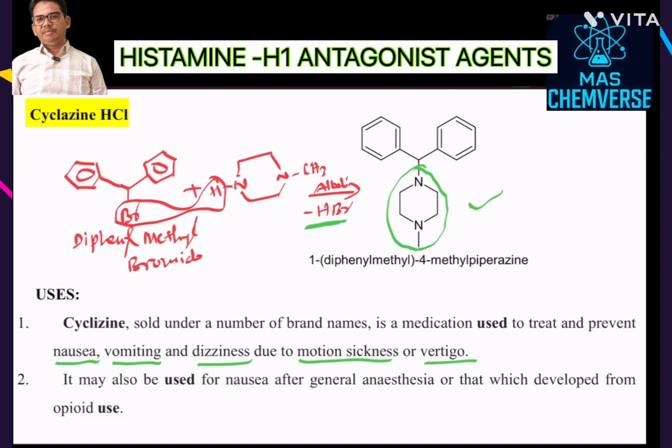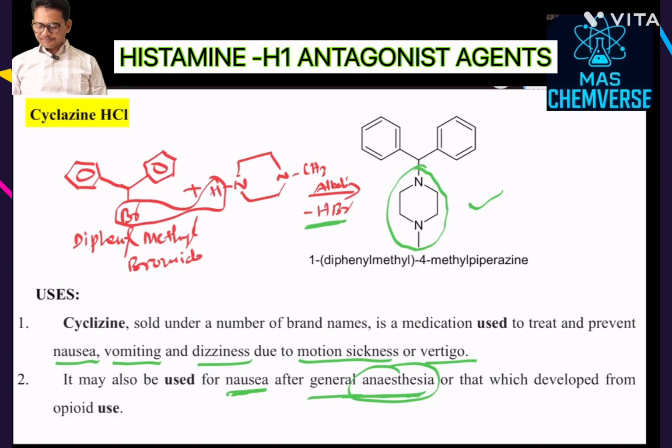Vertigo means we get irritation of the body and our brain becomes dull, we feel a little bit of dullness. It is also used for nausea, especially after general anesthesia.